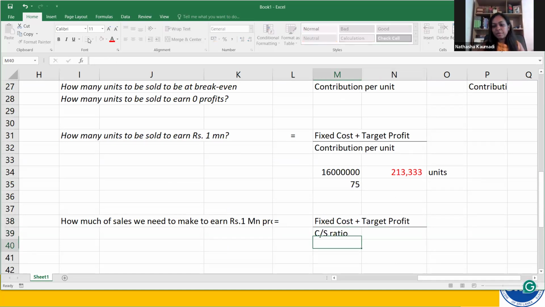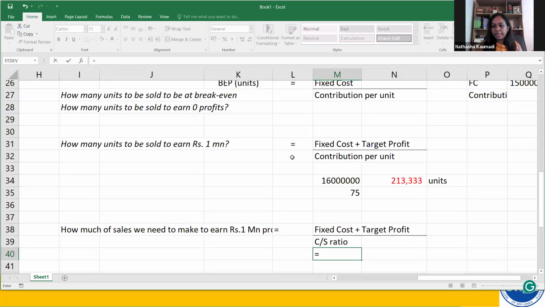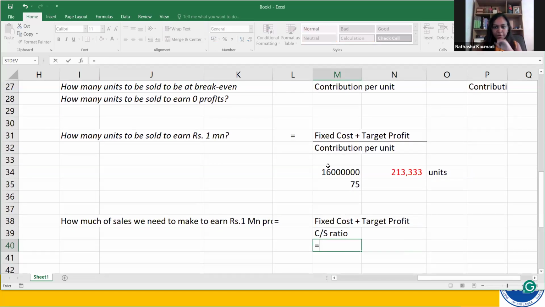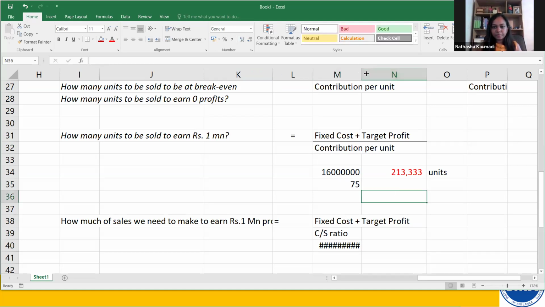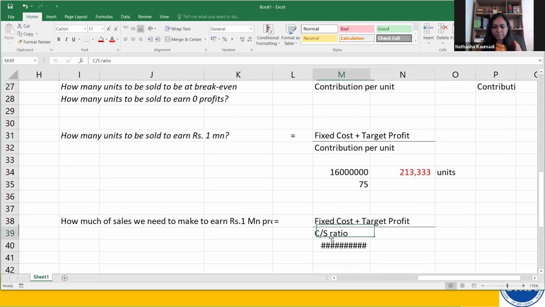Your fixed cost was 15 million and then you need to add the target profit, that means this much, 16 million.